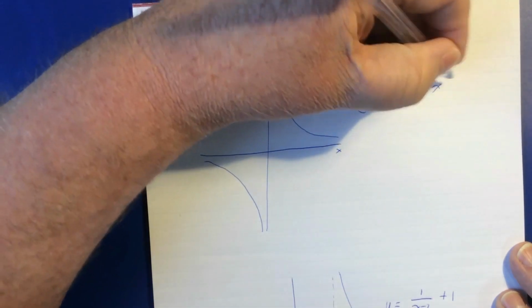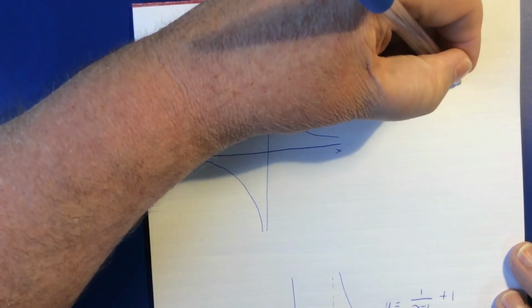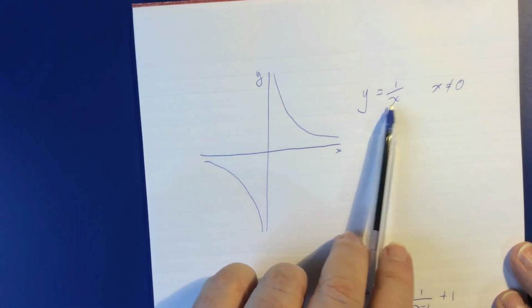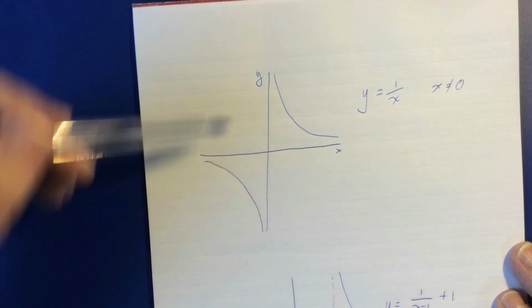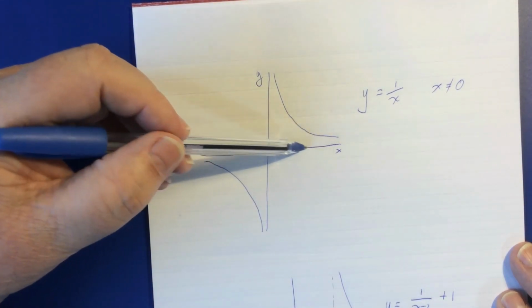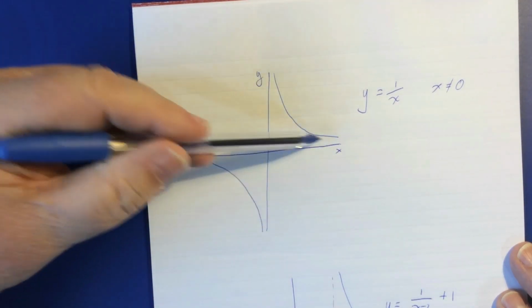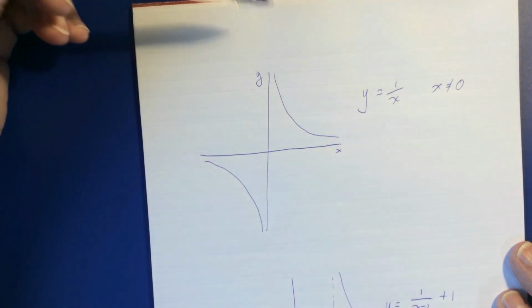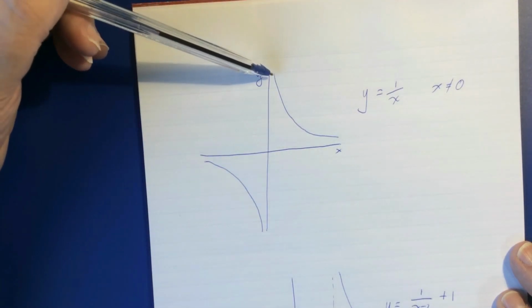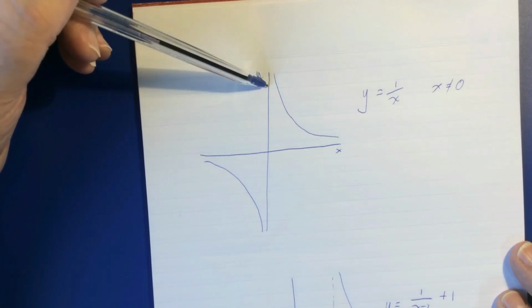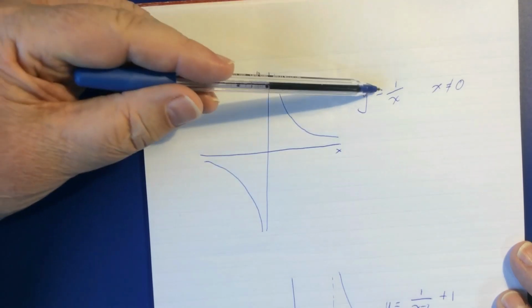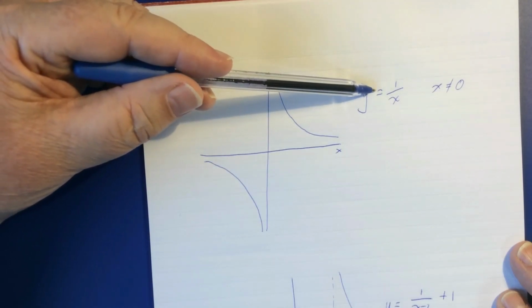So our domain is basically unrestricted, but it can't equal 0, which incidentally means that the x and y axis are what are called asymptotes. If you've come across that before, you'll know the term. Putting it in a short form, the graph approaches but never touches the x or y axis in this form.